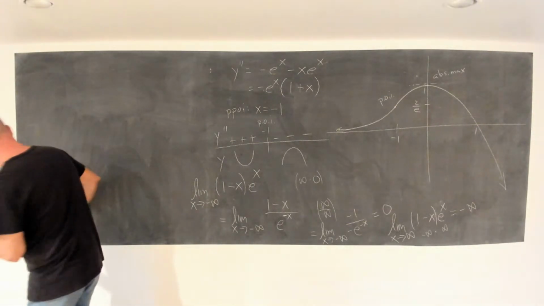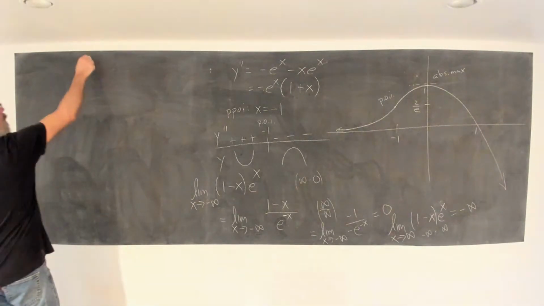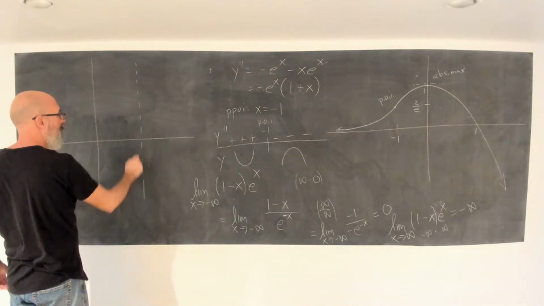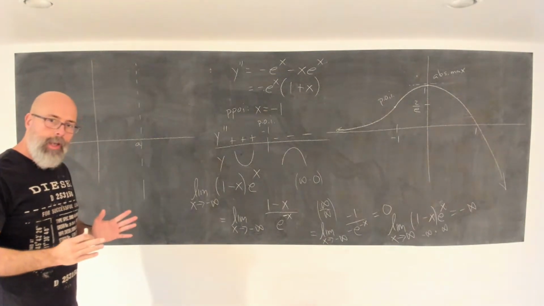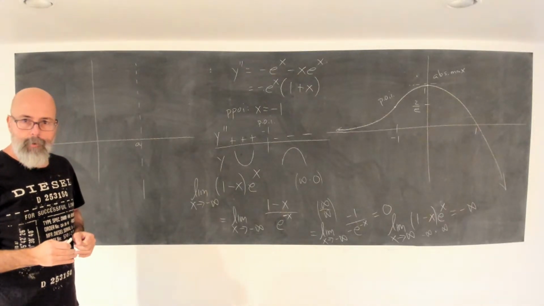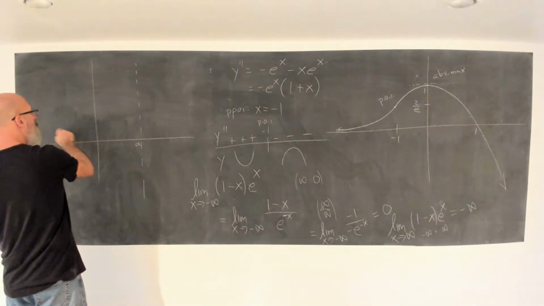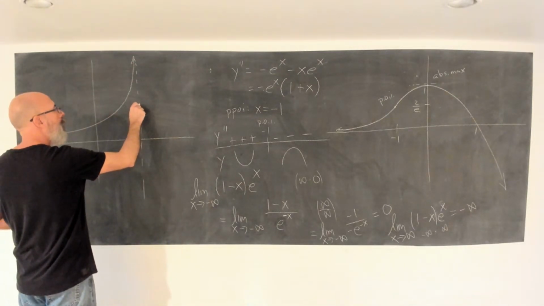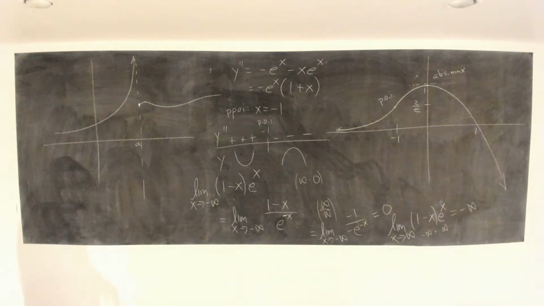Well, there was talk of crossing vertical asymptotes versus not. And here's what I mean. If you have a vertical asymptote, that means that at least on one side, your function has to blow up to positive infinity or negative infinity. So you could have something like this, where it blows up on one side, but have this there as well.